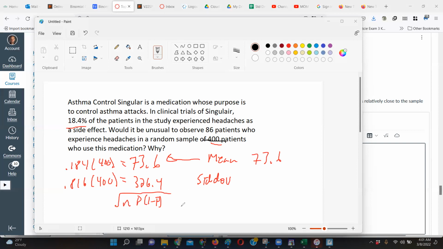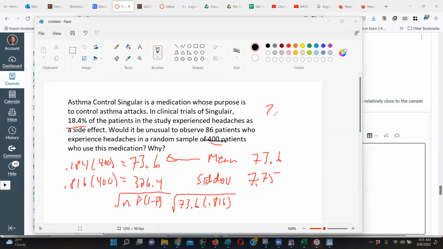That was 73.6. So 73.6 times 1 minus p, which we already did too, 0.816. We're going to multiply those two numbers together and get the square root. I'm getting 7.75 if I round.